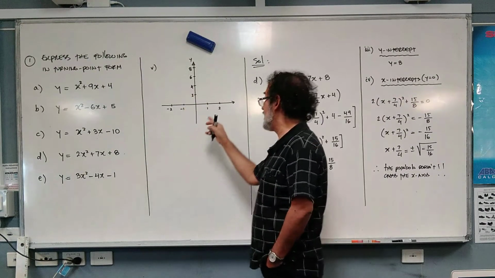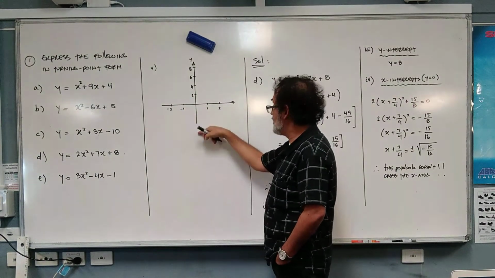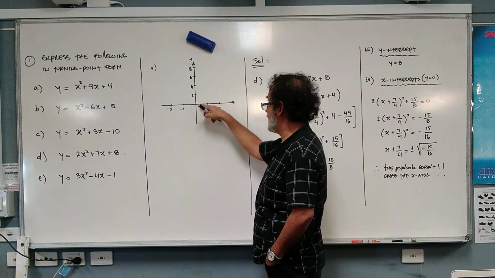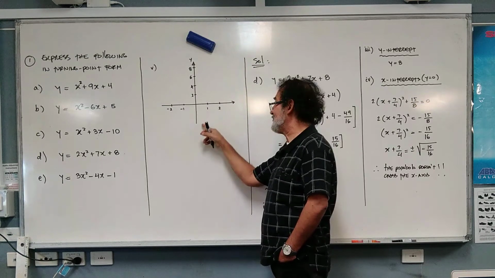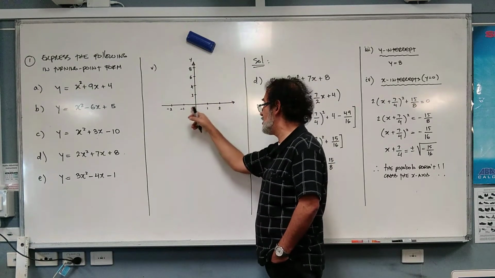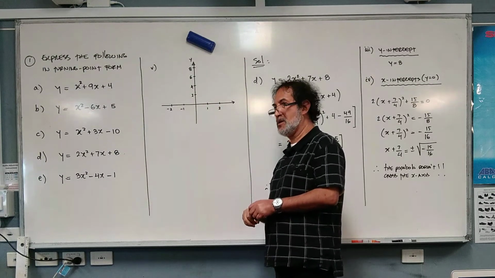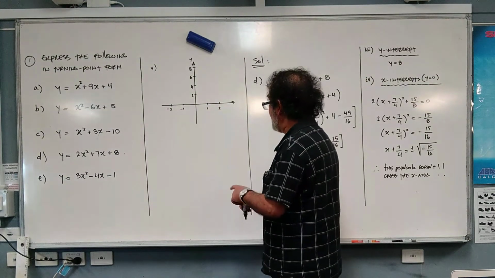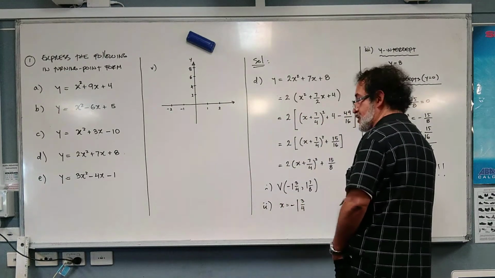Now you can see that across here we're going up by 1, but up here we're going up by 2. You can do that. So we can scale this differently to that one, as long as you go by the same unit. Make sure that you equally space. And then let's do the axis of symmetry.